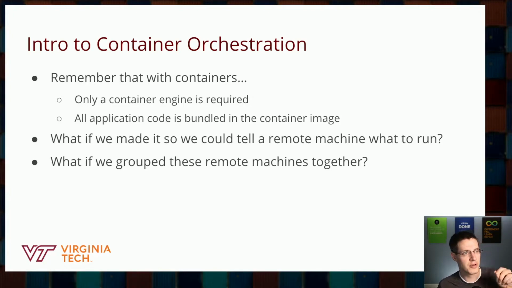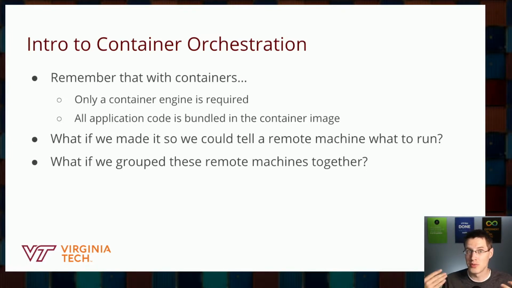And now machine number 3 over here, start this container on that machine. And you can start to orchestrate, hence the name orchestration, kind of like the conductor choosing who's doing what part.